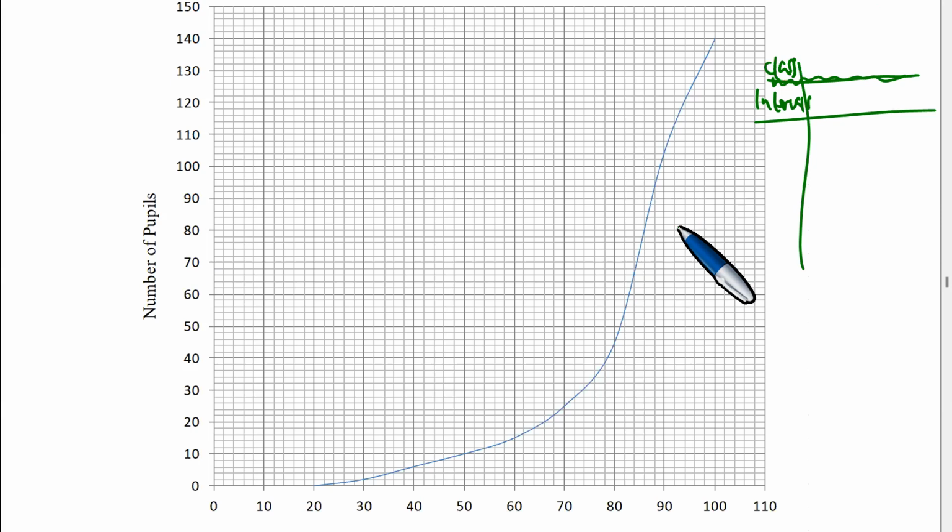So, if you start at 20 to 30, 30 to 40, right, so you include this, okay, so this is out. So you have 40 to 50. And then here you have 50 to 60.